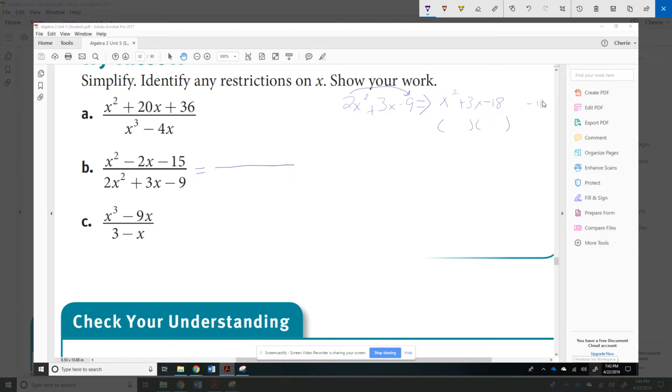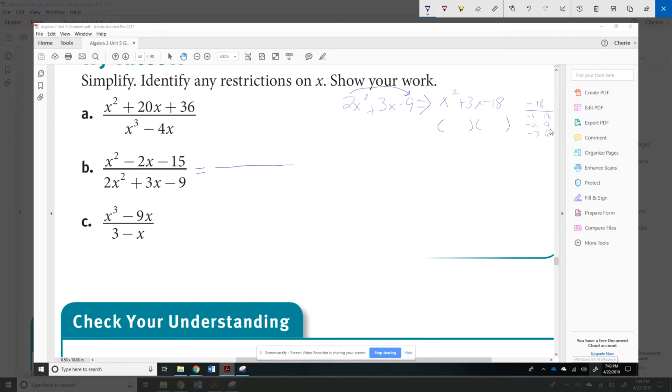We just make a list of the factors of negative 18 that are going to combine together to give us 3. So negative 1 and positive 18, negative 2 and 9, negative 3 and 6. And I think that's it.